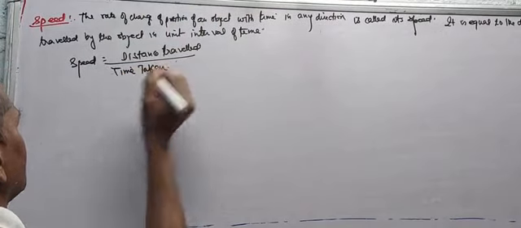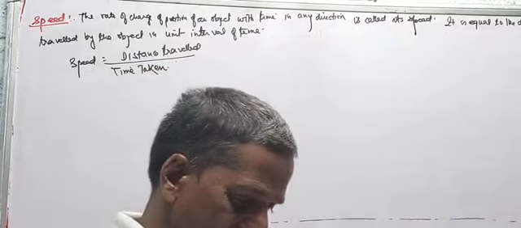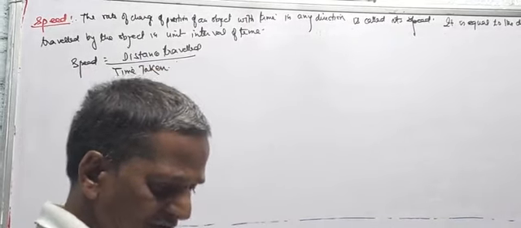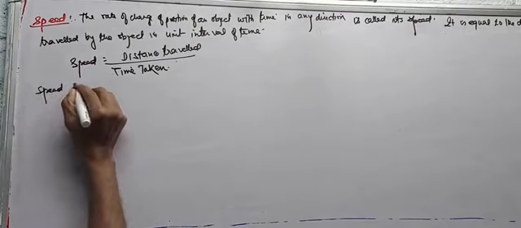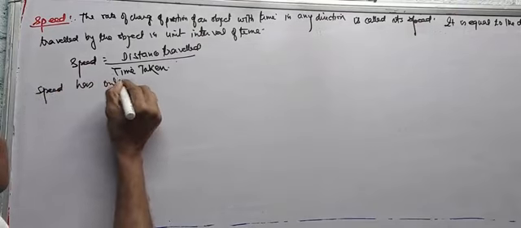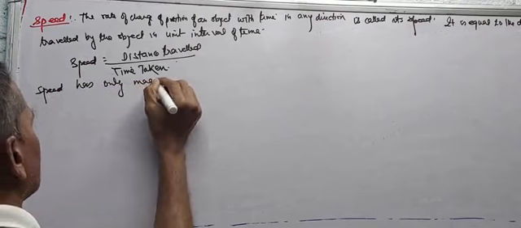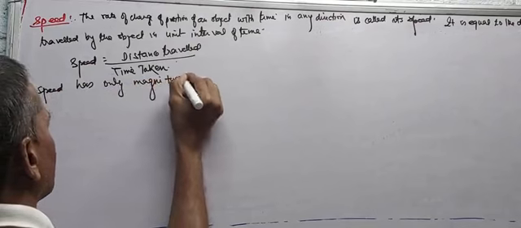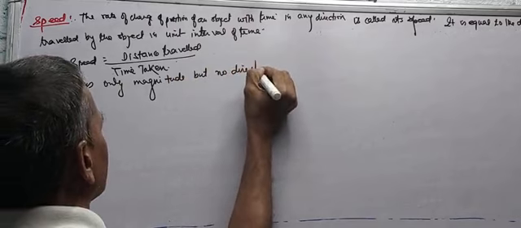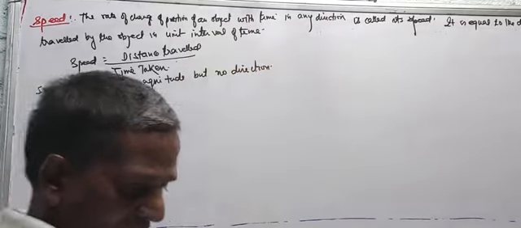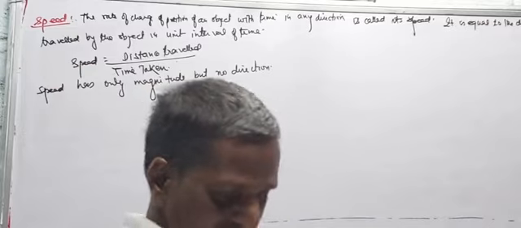Speed has only magnitude but no direction. It is a scalar quantity.